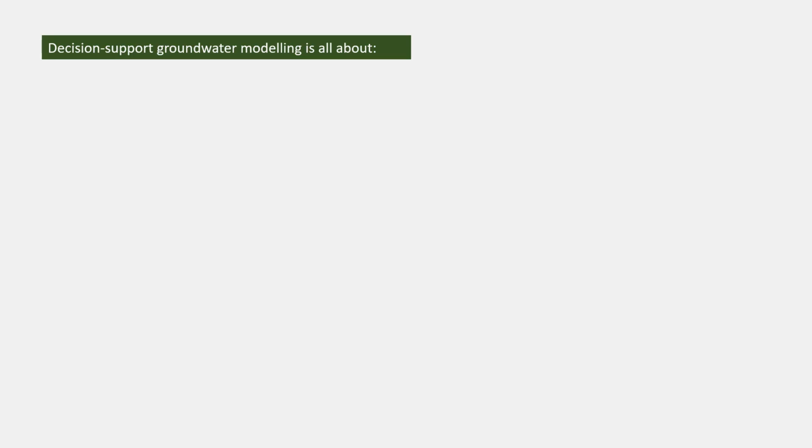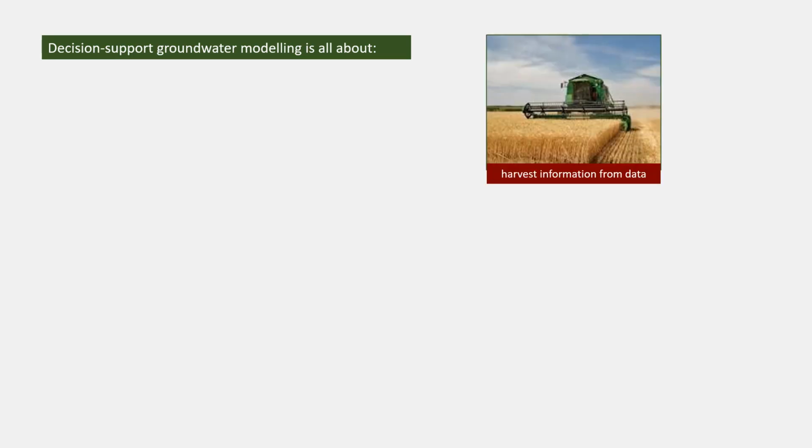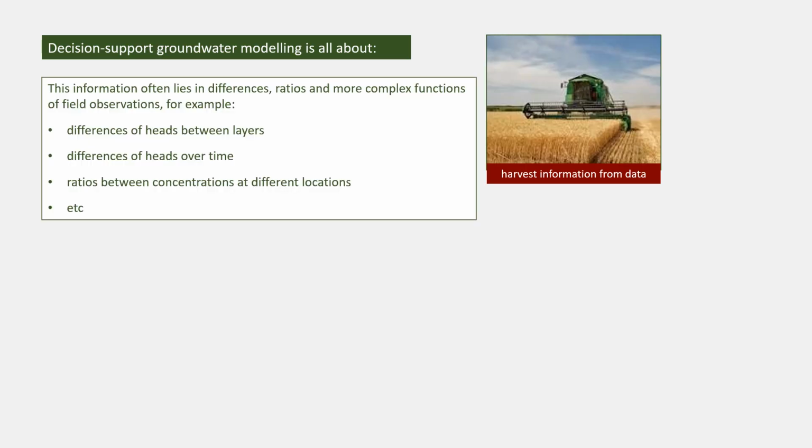So in conclusion, what's decision support groundwater modeling all about? It's harvesting information from data, and this is done through history matching, when that information is extracted from the data and provided to model parameters which are adjusted through the history matching process.